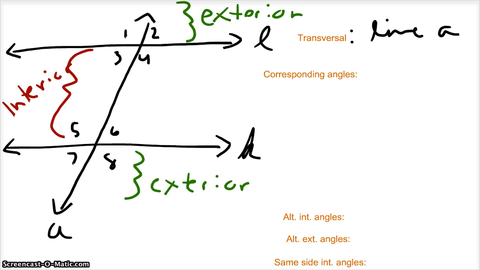Alright, so then we have corresponding angles. Remember, corresponding angles lie on the same side of the transversal. One is exterior, one is interior. So think of the examples, and I'm going to give you a hint. It is 4 different corresponding angles, and these are all angle pairs, okay? So it has to be 2 that go with it. So corresponding angles, we have angle 1 and angle 5.